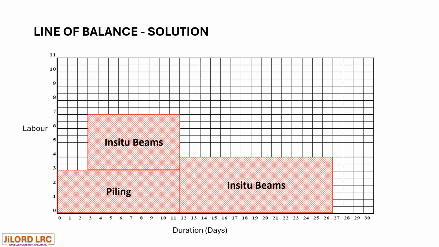Now, if the installation of concrete precast decking commences early, because it moves at a faster rate, it will mean that labor will be idle for the in situ beam to be completed before that 2-gang labor would finish the installation of precast deck.